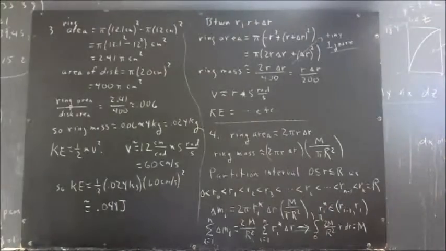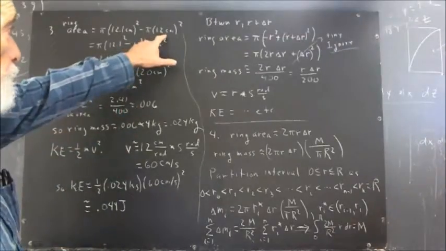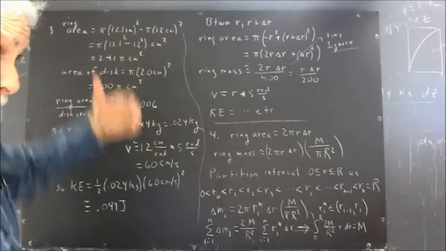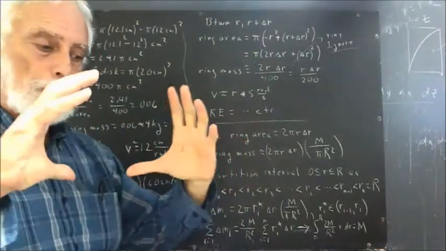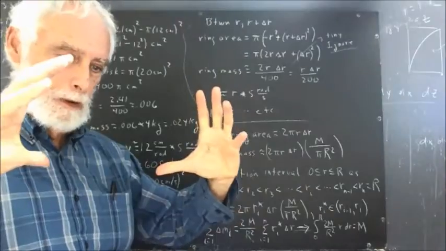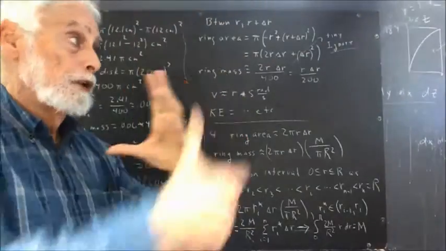Now we want to find the kinetic energy of a ring that runs between 12 centimeters and 12.1 centimeters from the center of a rotating disk of radius 20 centimeters, a fairly big disk, and mass 4 kilograms.